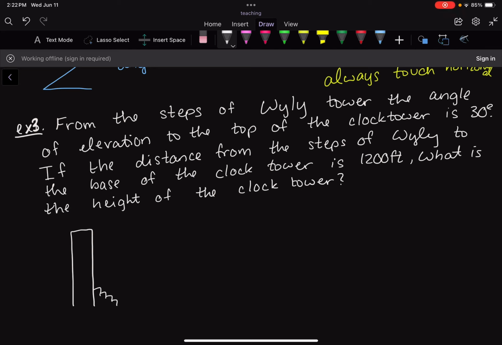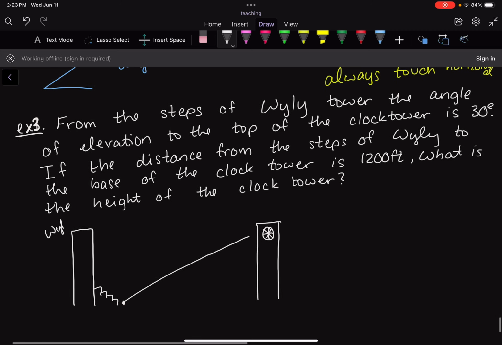And so we're really saying from the steps, so from these steps, and then we're looking upwards at the clock tower. So let me draw the clock tower. I'll put this little thing at the top, that way you know it's the clock tower. So this is Wiley, this is the clock tower.